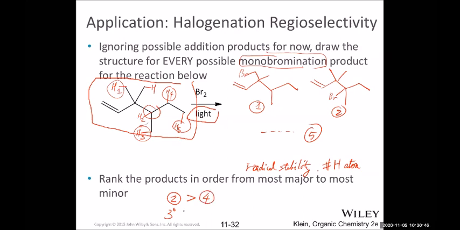So it gives you the second highest amount of product, ranked second, because a more stable radical means lower activation energy, which is faster and gives you more product, because it's a secondary carbon. Okay, so now we have down to 1, 3, and 5.